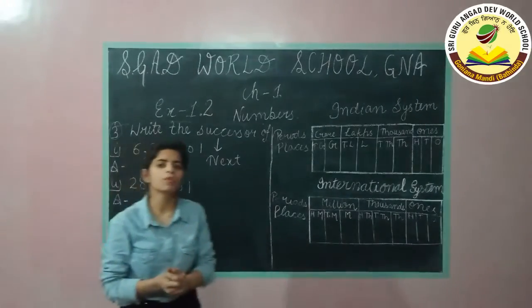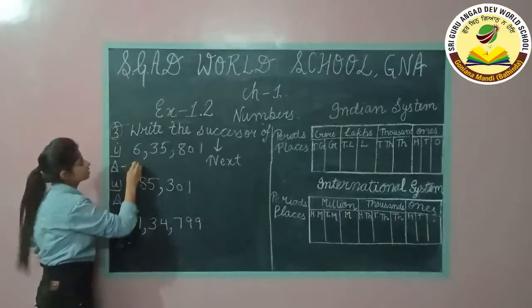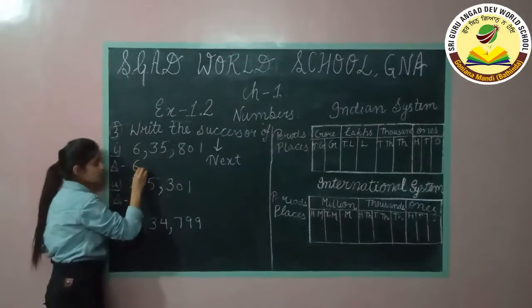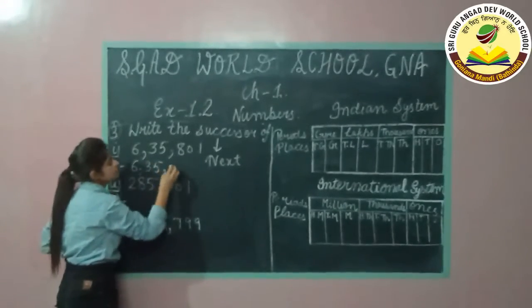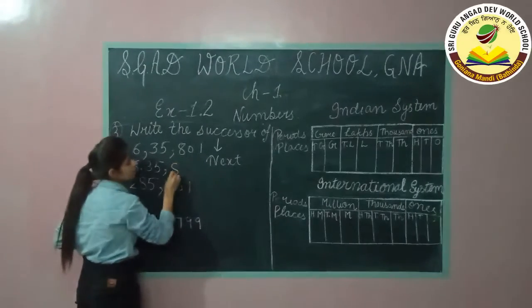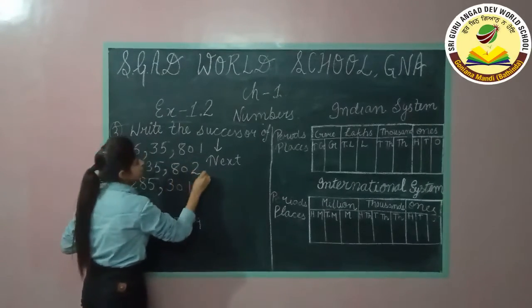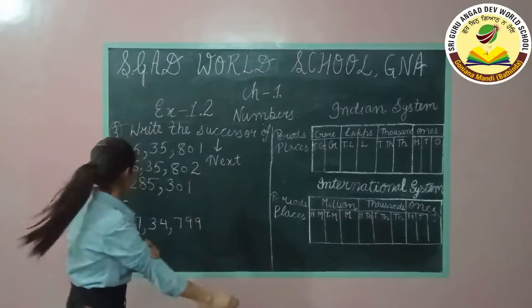What is the next number of 801? It is 802. The successor of 6,35,801 is 6,35,802. And successor means go up to the next level.